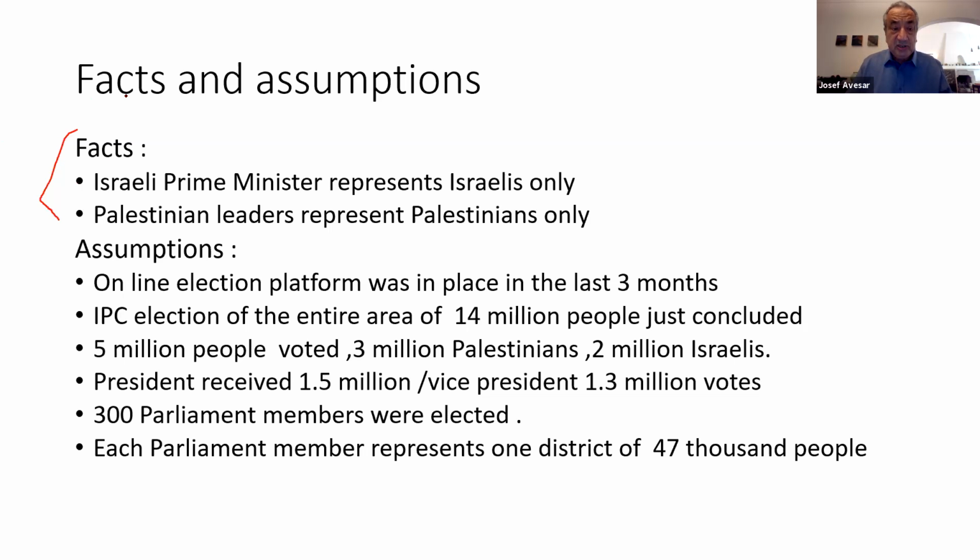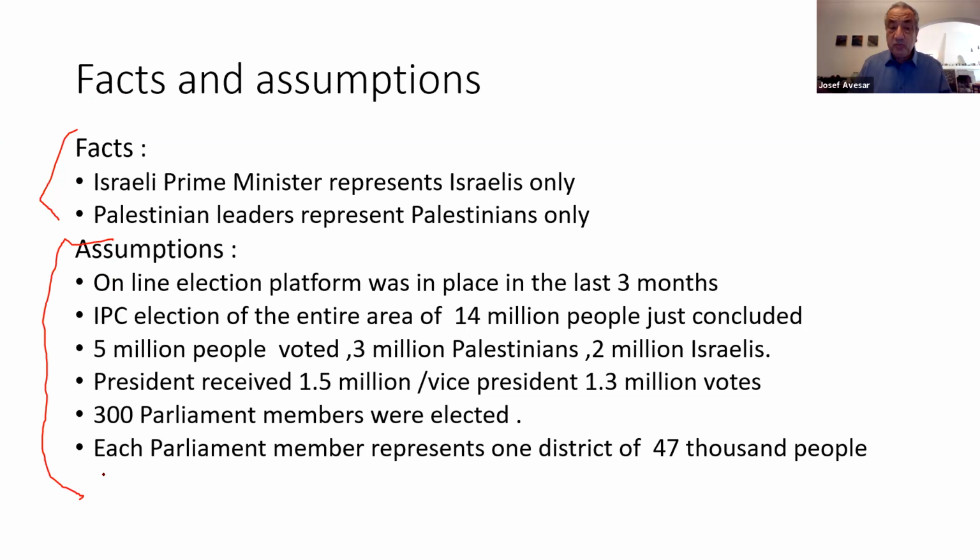These are the assumptions that we need to make in order to make this simulation work. The assumption is that we had 3 months of online election. The country of Estonia, with 9.5 million people, has elections online.